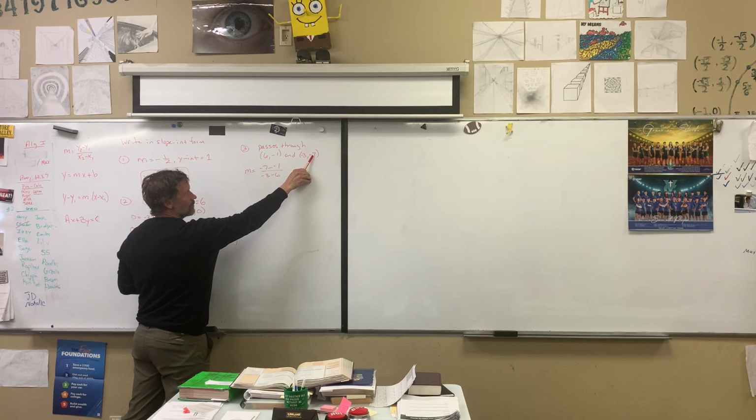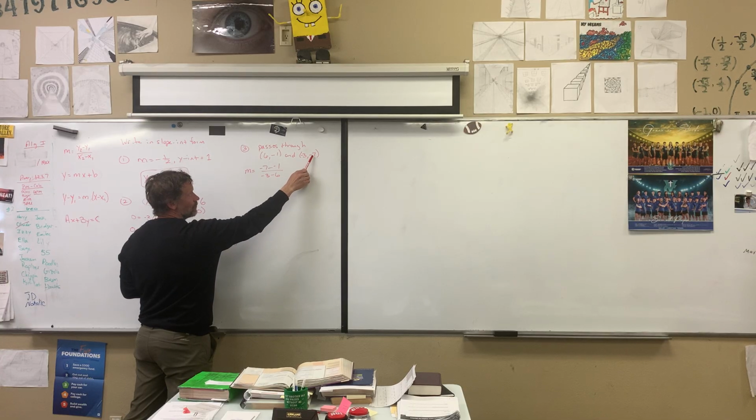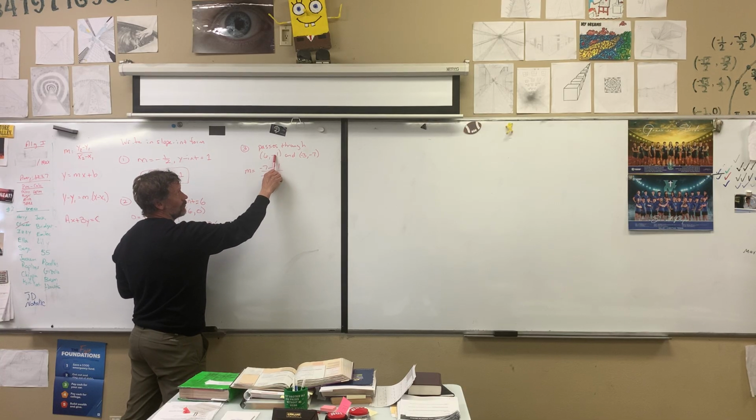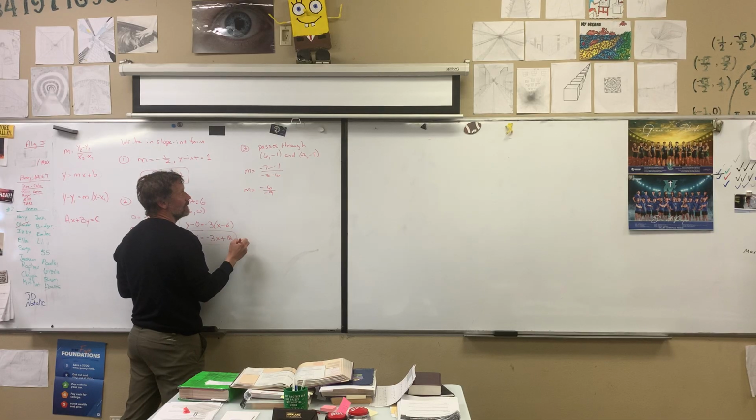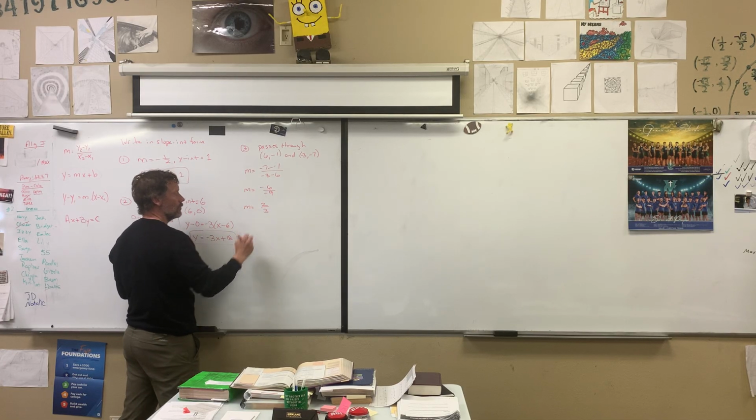I usually take this as my y2, you don't have to. You could say negative 1 minus the negative 7 and 6 minus the negative 3, it doesn't matter. So negative 7 minus the negative 1, negative 3 minus 6, and so we end up with negative 6 over negative 9. Your slope is going to be reduced to 2/3.